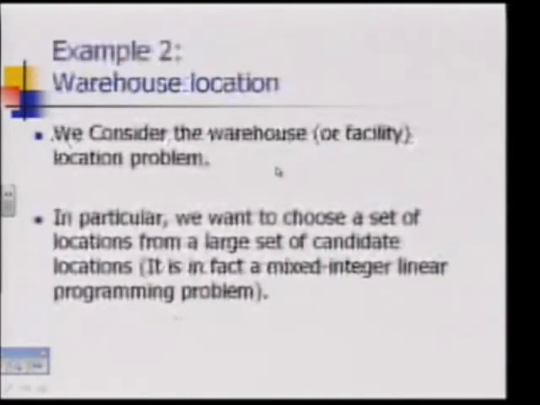Okay, so let's look at some other example where you can see sometimes it's really difficult to make the problem a linear programming. Let's consider a warehouse or facility location problem. In this case, we want to choose a set of locations from a large set of candidate locations.